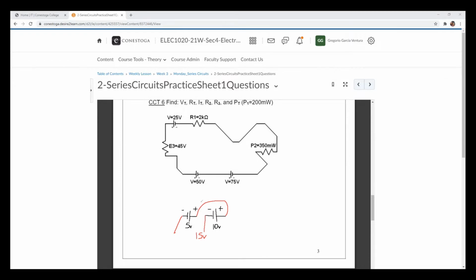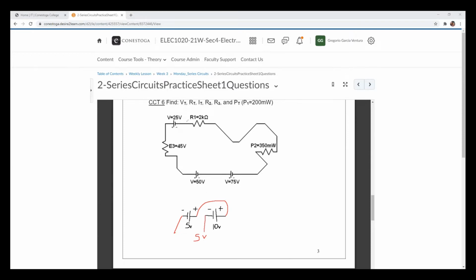But because I connected positive to positive, we accomplish what is called subtractive polarity. So in this case, instead of having 15 volts, we are going to have only 5 volts output. Why? Because we are going to have 10 minus 5, which is going to be equal to 5.